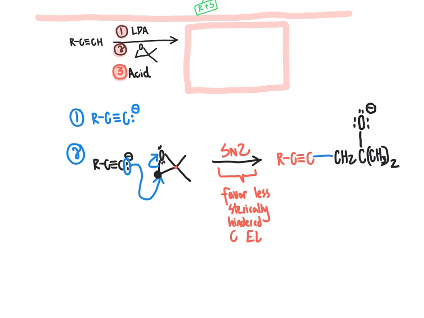Then step 3 of the reaction is the final reaction of this series. It's going to lead us to the final product that we need to put into that pink box up top. So step 3 is just a protonation step. Since we're adding acid, and we have an oxygen anion, going into step 3 that oxygen is going to pick up the proton to give us our final product here.